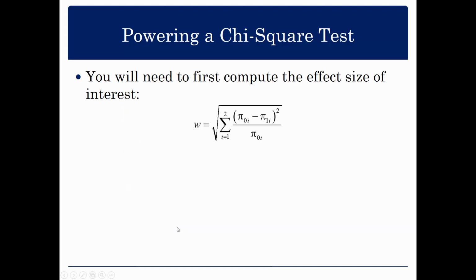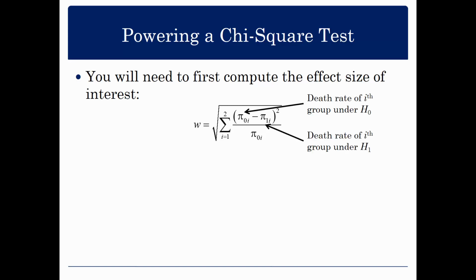The effect size calculators compute, again, this measure of effect size, which is W. Sometimes you hear it called omega in places. But regardless, what we're computing looks like a chi-square statistic. It's taking the difference between what we would expect and what we hope to achieve under the alternative hypothesis.